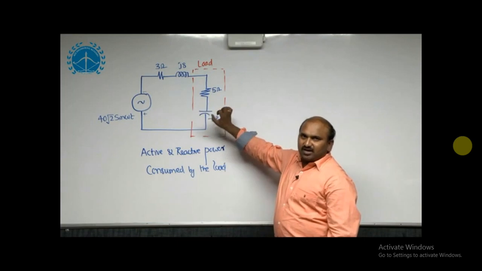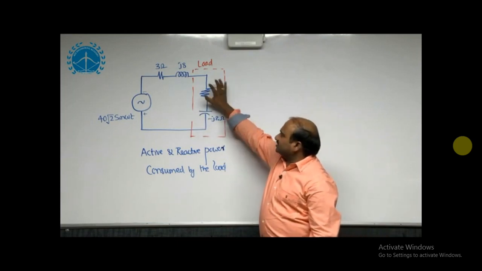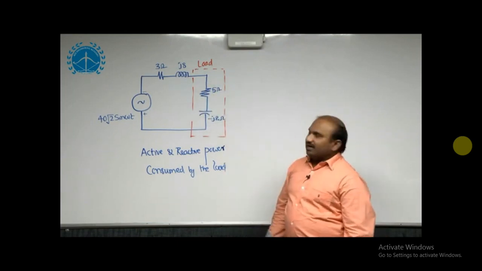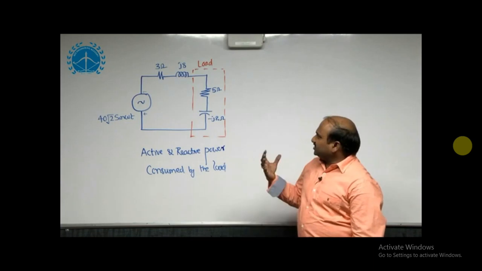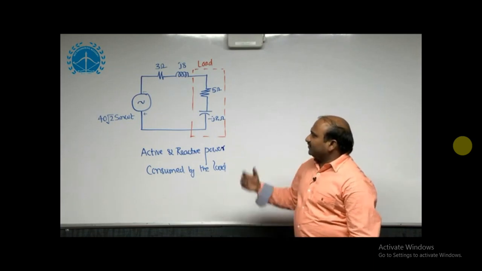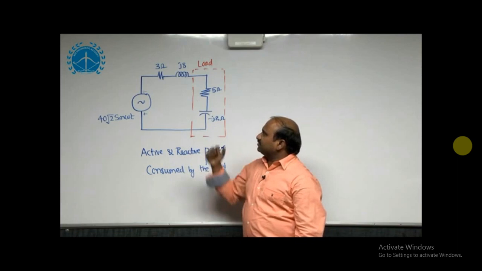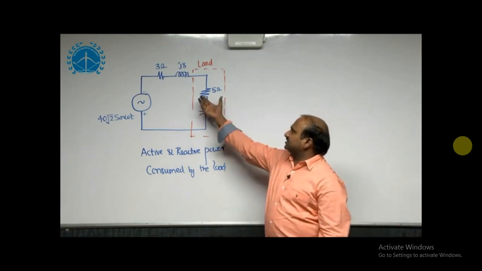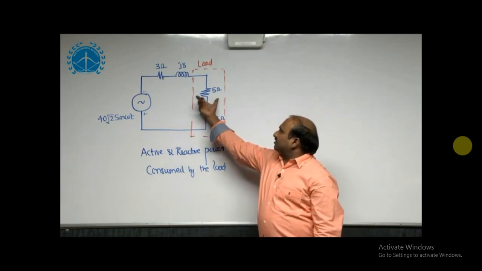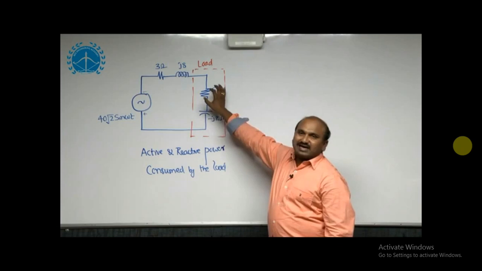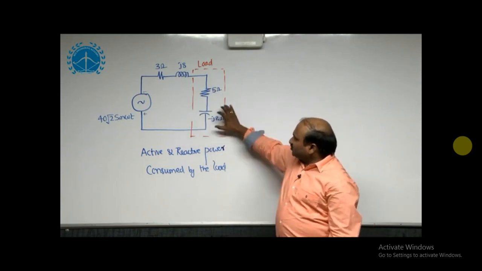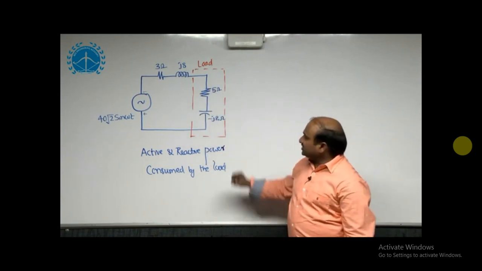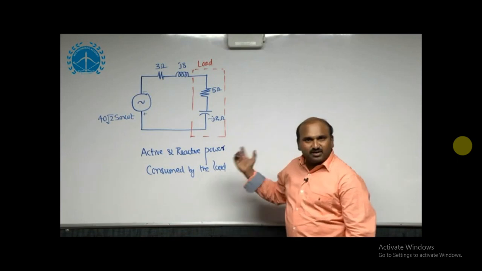The power we get across resistance is active power, and across reactance is reactive power. I would like to estimate first the magnitude of current, because once you know the magnitude of the current, the active power across resistance is I square into R, and the reactive power across reactance is I square into XC, which you can directly get.